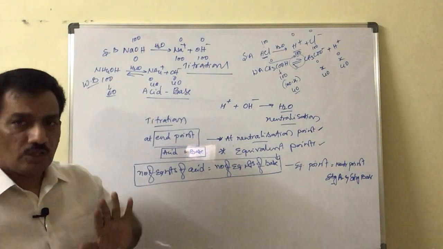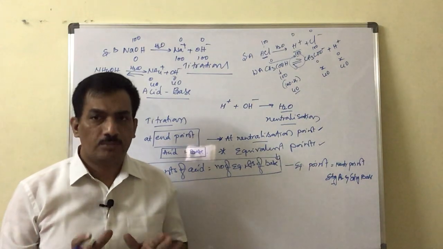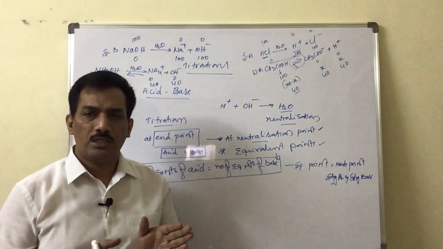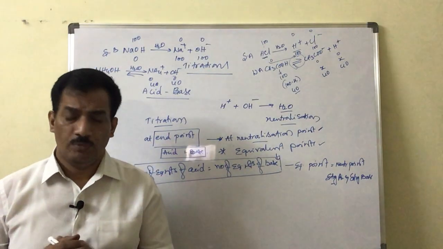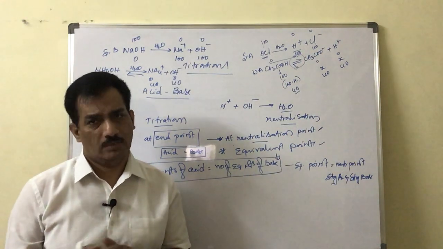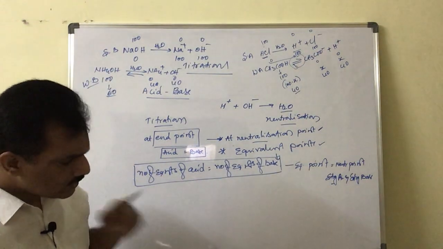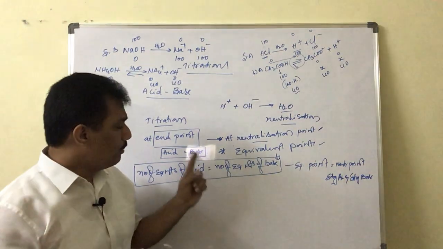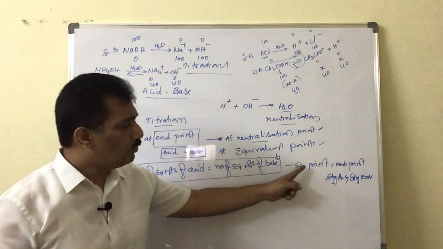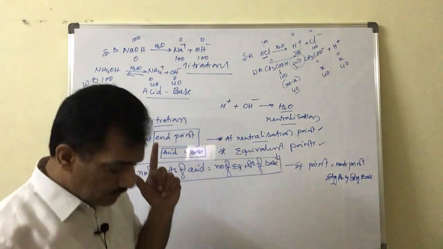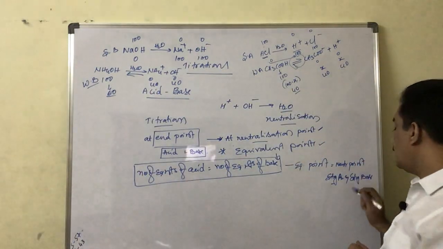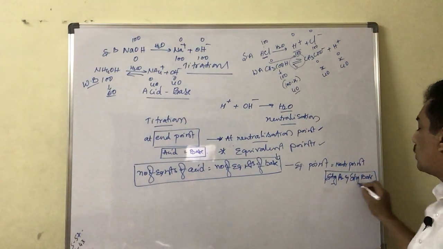But what you have to understand is, what is the difference between strong and weak acid or base? Strong is nothing but which undergoes 100% ionization, and weak is nothing but which is not undergoing 100% ionization. Clear? And now just imagine the number of equivalents of acid is equal to the number of equivalents of base, that is the equivalent point. That equivalent point is equal to the neutral point only in case of strong acid and strong base.